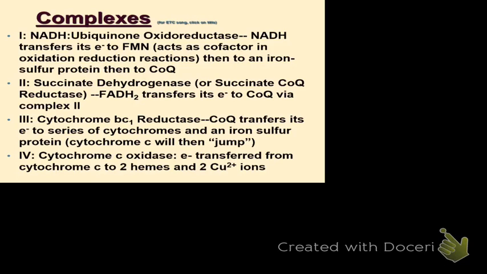And ultimately, it gives its electrons to cytochrome C, and cytochrome C jumps from complex 3 to complex 4, and then complex 4 is called cytochrome C oxidase. So what do you suppose it's doing? It's oxidizing cytochrome C. Okay. This is where I'm going to end for today, and then we'll pick up on Friday right from here.